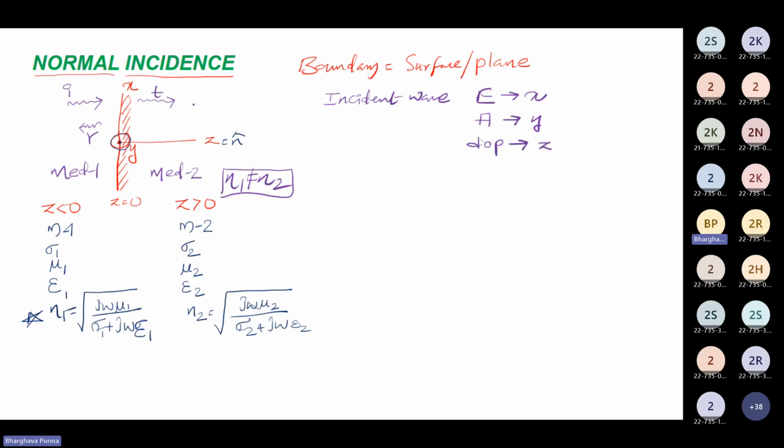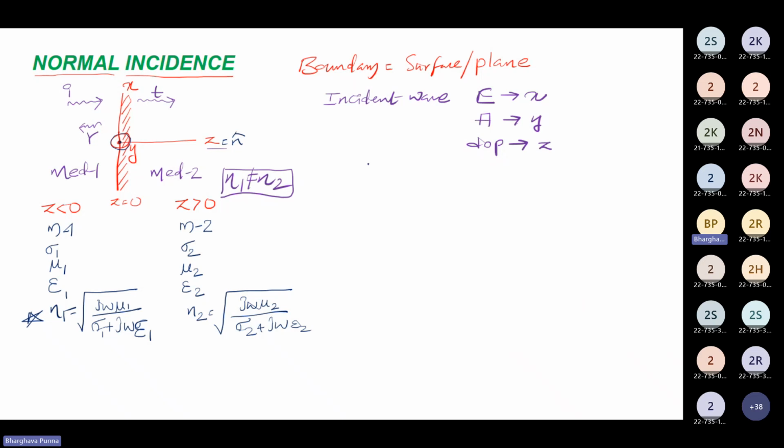That we already know. The wave we are sending from medium 1 to medium 2 propagates in the Z direction. This is our assumption only. There is no rule that you have to take the electric field in the X direction only.